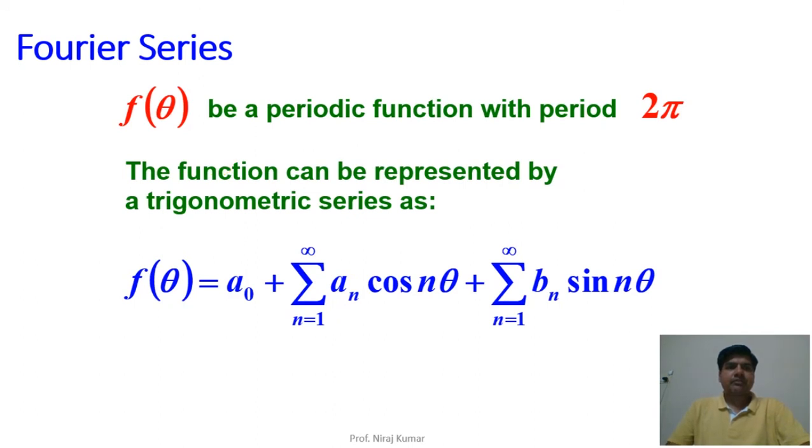So what is Fourier series? Fourier series is the trigonometrical representation of any given function f(theta) in terms of a cos function, a sine function, and one constant. We can calculate the individual constants a0, an, and bn involved with the Fourier series.